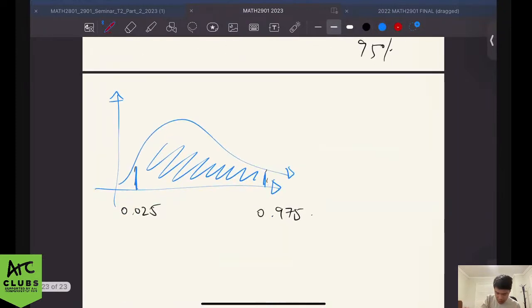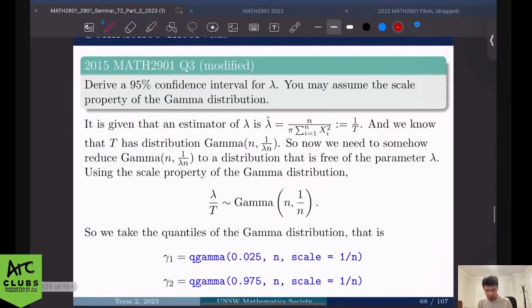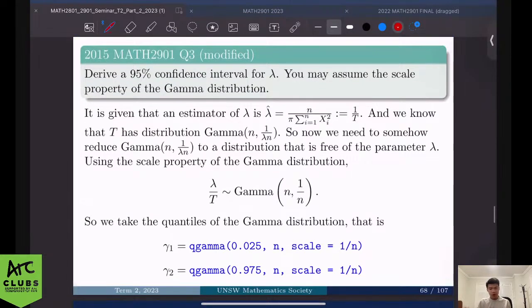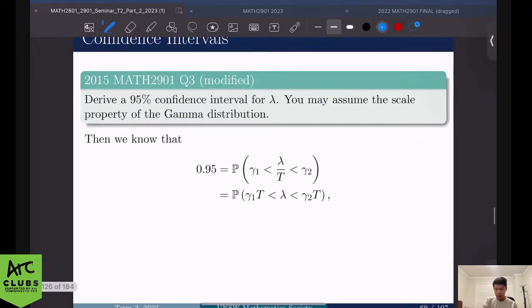I've written it out on the slides, but basically this thing. Okay, so you take the quantiles of the gamma distribution. This is the R output, so qgamma(0.025, n), and the scale parameter is 1 on n. Same thing here, except with 0.975. Alrighty, so that's going to lie between those two.